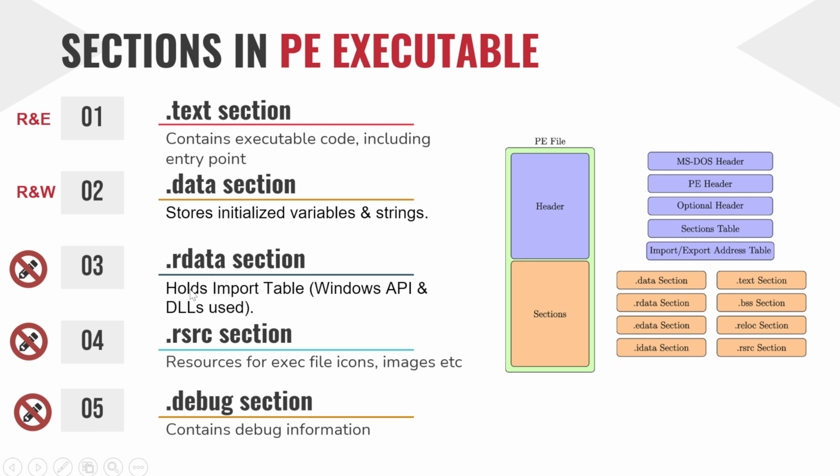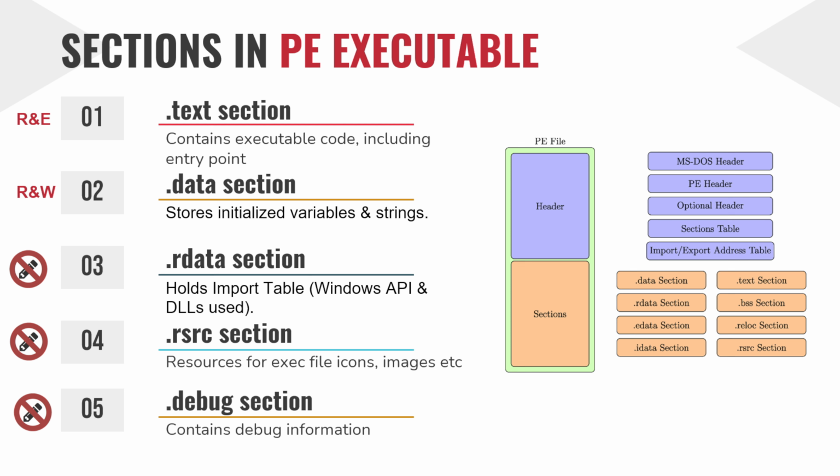Next is the rdata section, which holds the import address table, addresses to Windows APIs and DLLs used. It is only a read-only section. This section gives us information about the various functionalities of the suspicious file.